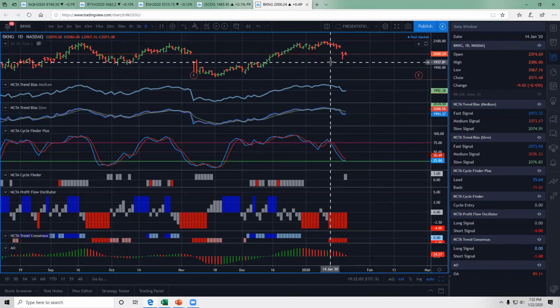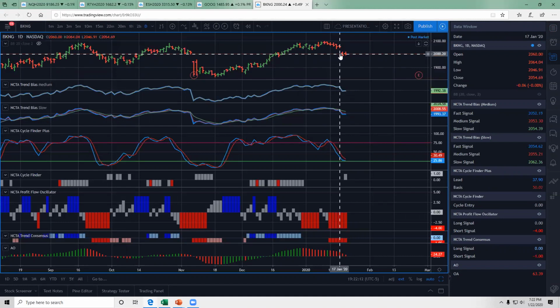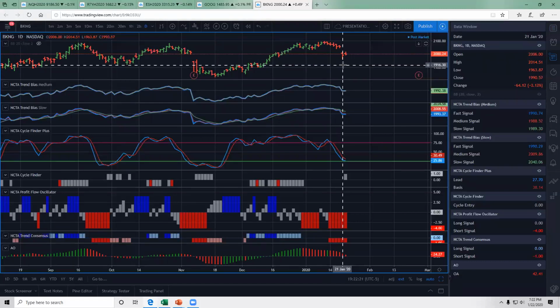So you went from 2074 to 1963. It's 110 points. If I was still holding Booking and I saw in pre-market that it looked like it was about ready to gap down from the prior day close of 2054 to a projected open of 2006, so almost 50 points lower, I would have been canceling my GTC, and I would have been calculating what I think a reasonable projected price of the option is and setting it that way.